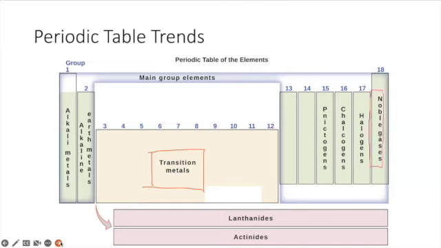So noble gases, right? This is maybe something that you've heard before. Noble gases are in this last row here, and it's things like helium, neon, argon, xenon. I don't know if I'm pronouncing that right, but they're these gases that stand alone.